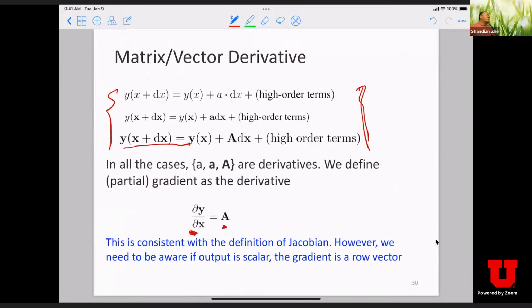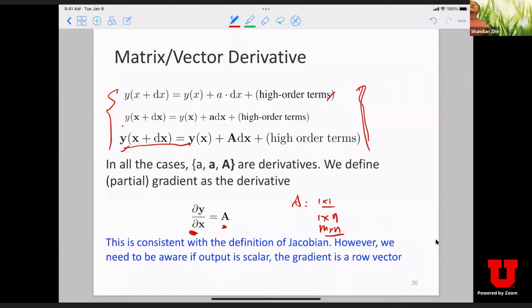This is the most general case for big A. If it is just a 1 by 1 matrix, which is a scalar, it returns to the scalar case. If A is 1 by n, that means your output y is just a scalar, and it is the vector-input case. If it is m by n, that is the most general case: you have m outputs and n inputs, so your gradient is m by n.